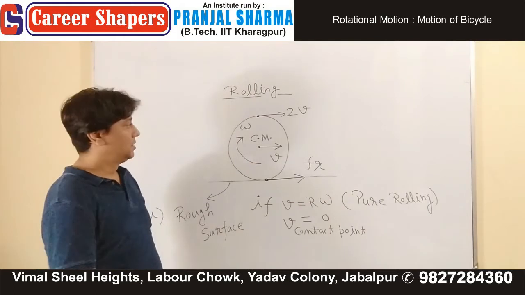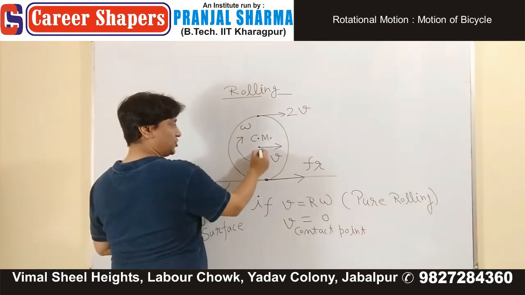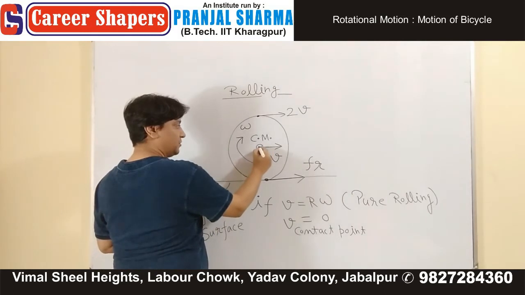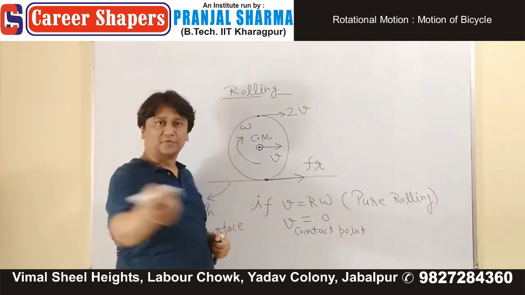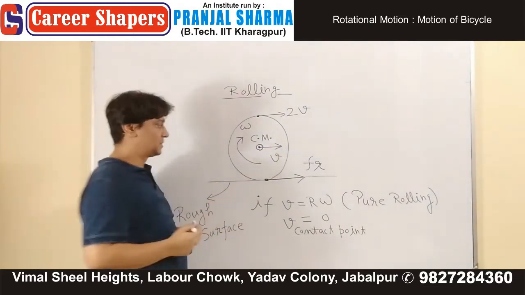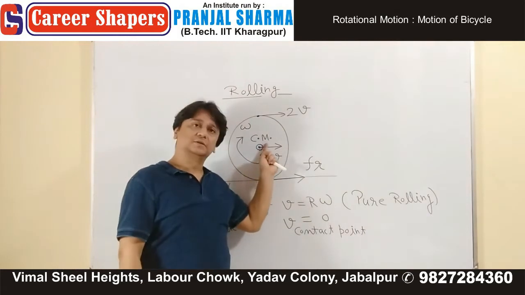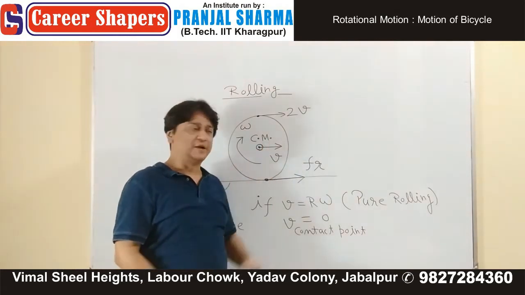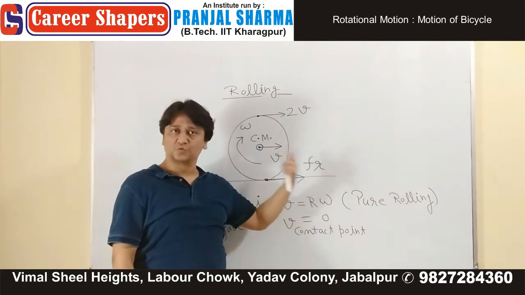Now, this is your axis of rotation, remember, which is passing through the center of mass. This is the axle of the wheel. V is the velocity of the center of mass. If friction acts in this direction, then it means what?